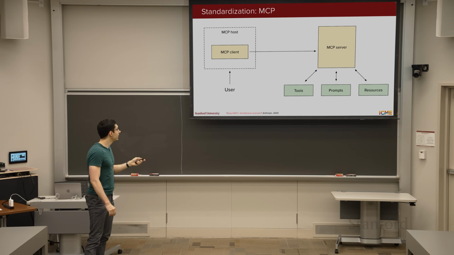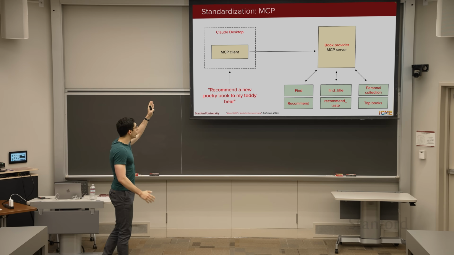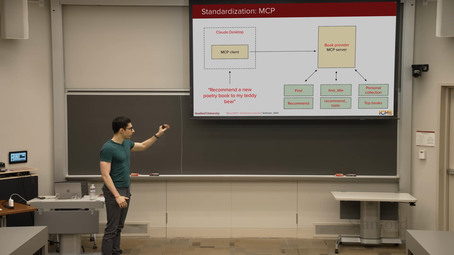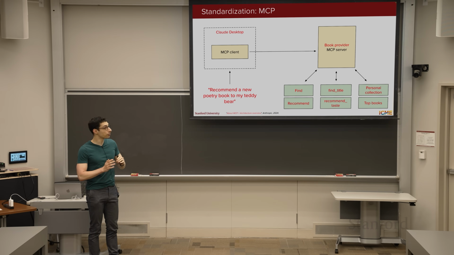So we know our teddy bear loves to read poetry. In the case of recommending a poetry book to our teddy bear, you could think of an MCP server that provides tools that are linked to books. Your LLM host here, let's take the example of Claude, since MCP is from Anthropic, would be Claude.